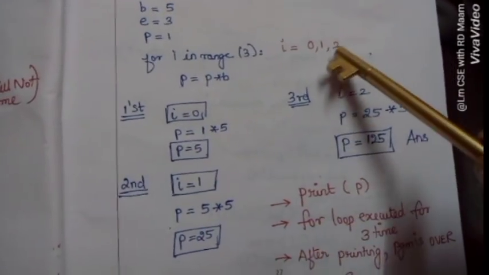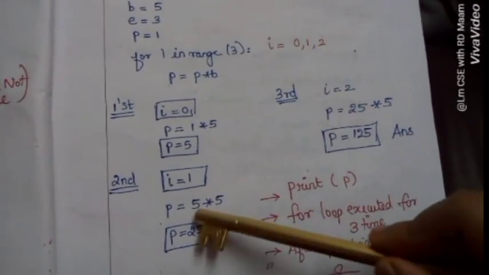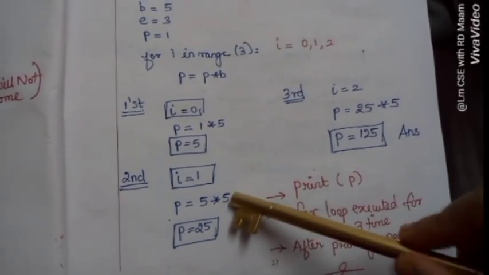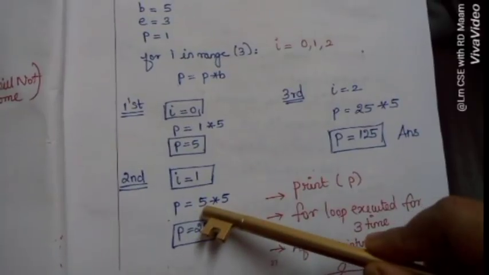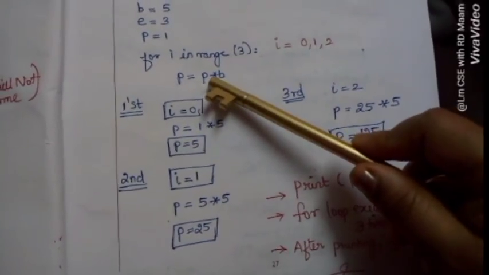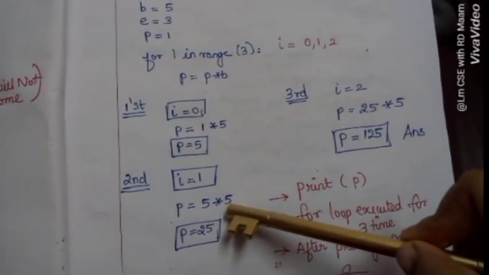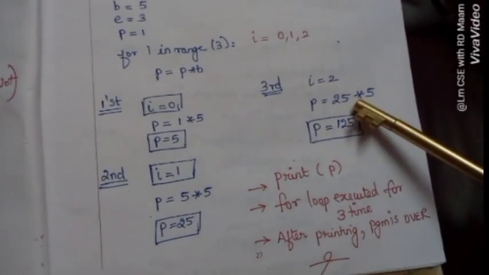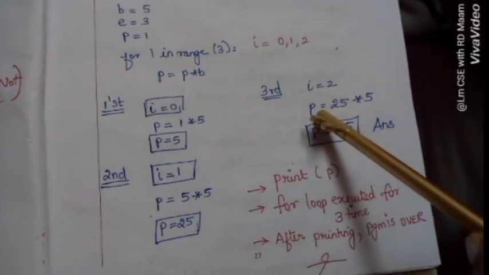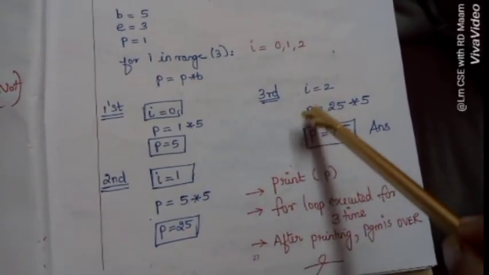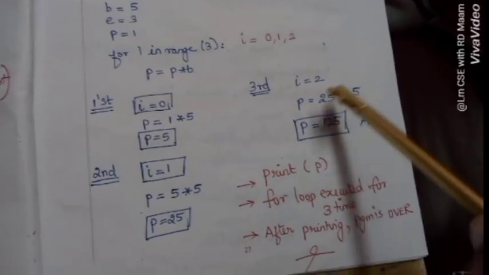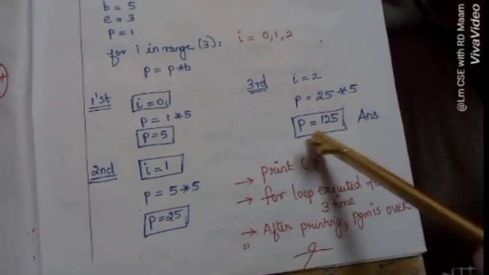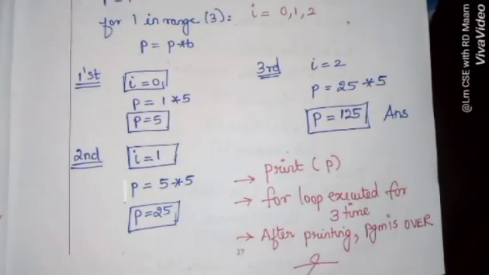The second iteration, when i takes the value 1, p is equal to 5 into 5. p is equal to p into b is the formula, right? The updated p value is 5 and the base value is 5. So my new p value is 25. For the third iteration, the formula is p is equal to p into 5. So my updated p value is 25 and the base value is 5, which gives me 125.